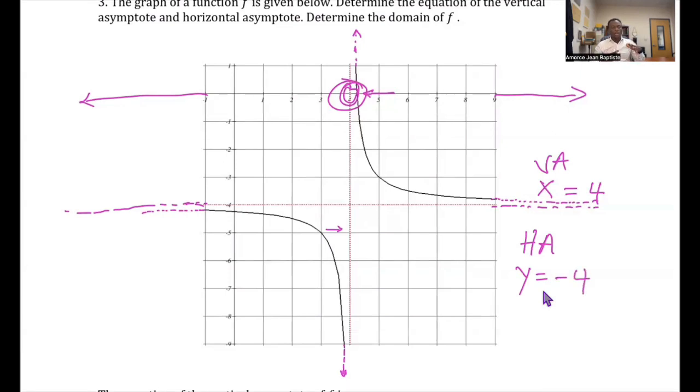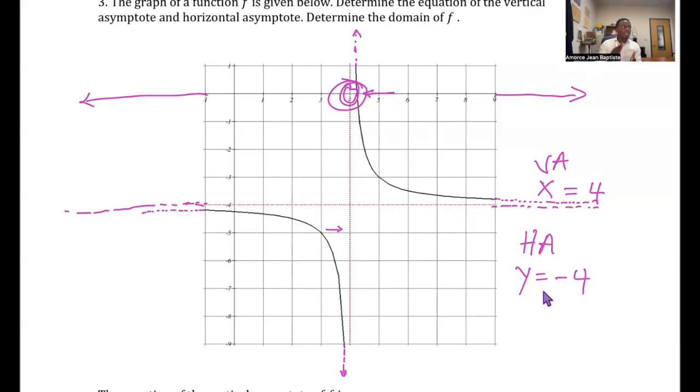So the concept of asymptote, vertical or horizontal, is the fact that sometimes you see the graph tends to increase or decrease indefinitely as x is getting closer and closer to a certain value.